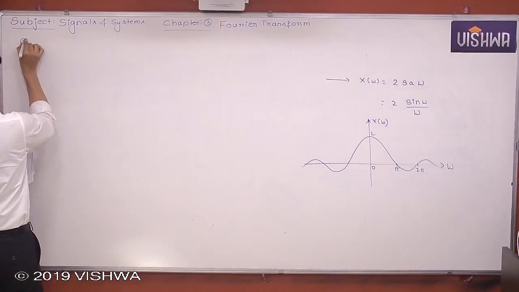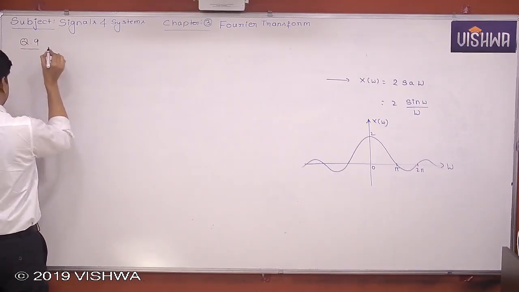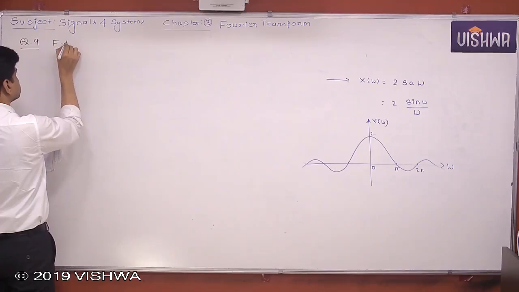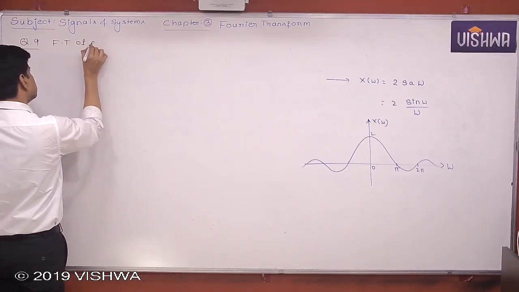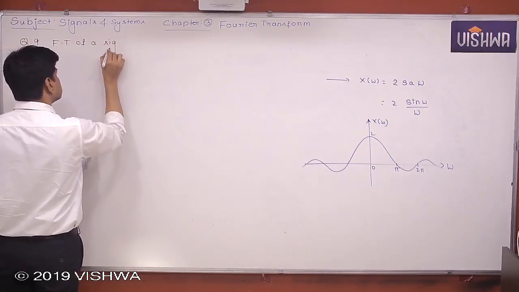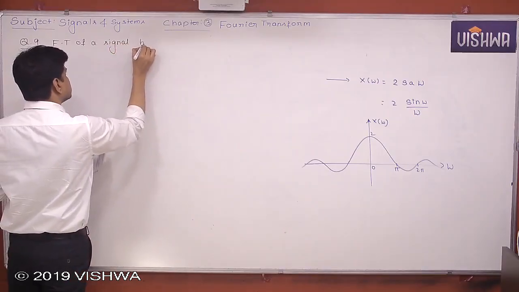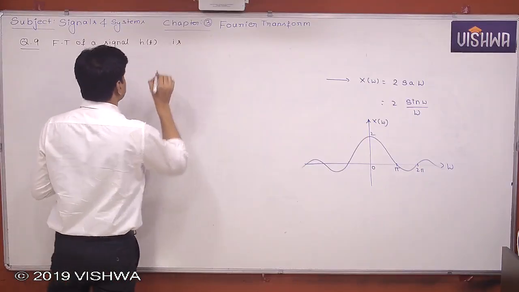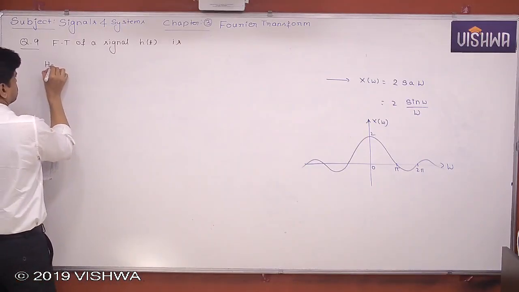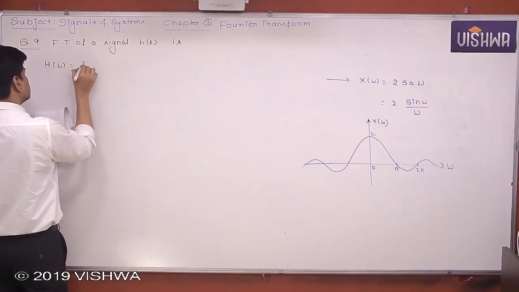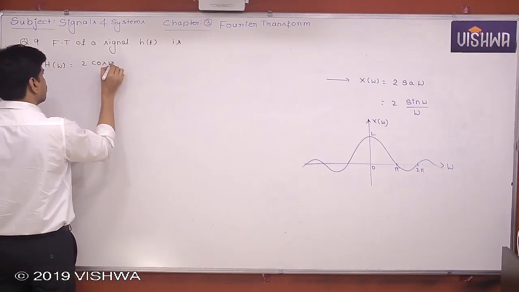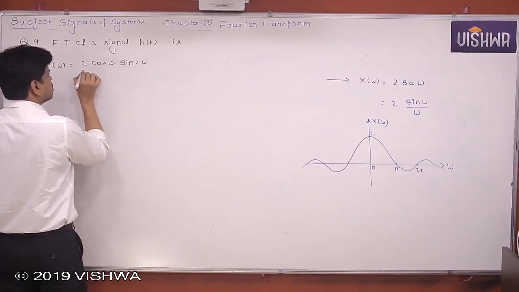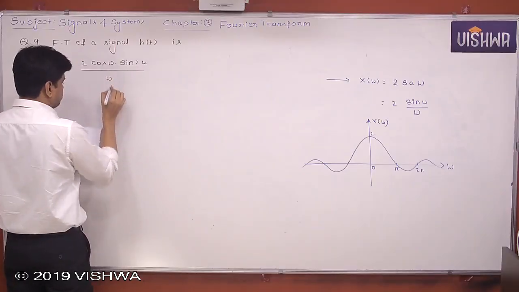Question number 9. Fourier transform of a signal h of t is h of omega, which is equal to 2 cos omega sine 2 omega divided by omega.